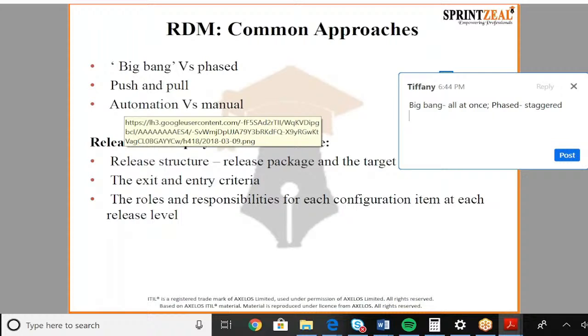So in order to just mitigate us becoming overwhelmed, maybe we'll do a phased approach. We'll release this to 10% of our customer base and then manage it from there versus releasing it to 10,000 people all at once, for instance. Okay.